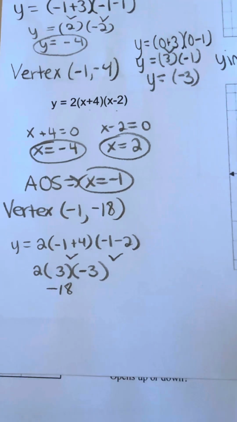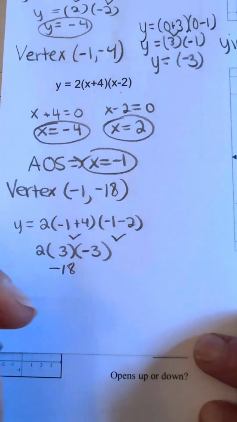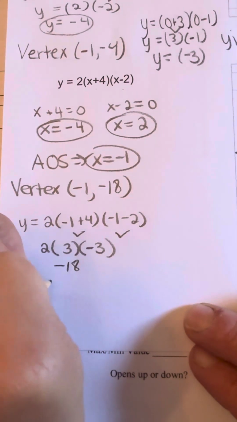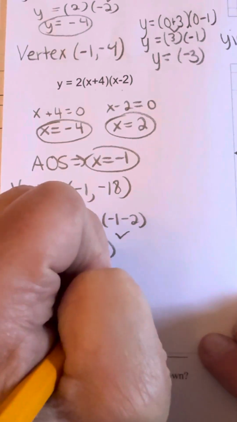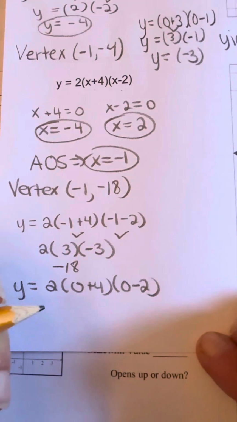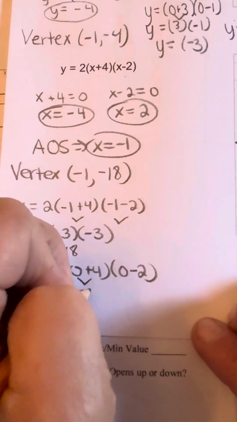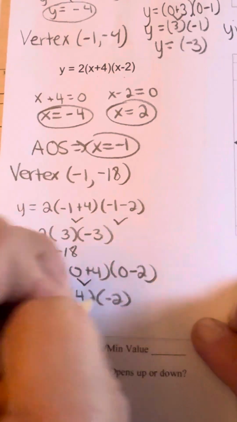Now, I could actually just graph this right here, but I am asked to find the y-intercept. When I'm trying to find the y-intercept on these, x has to be 0. So we're going to solve this to find the y-intercept by using x being 0. When we do that, we're going to put all of those x's in as zeros and do the same thing we did above. 0 plus 4 is 4. And then we're going to do 0 minus 2, which is -2.